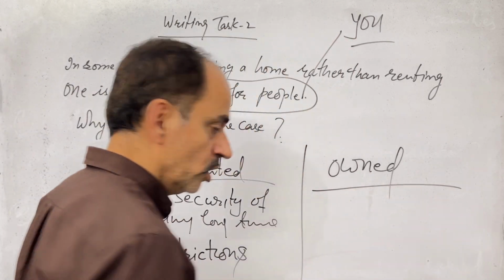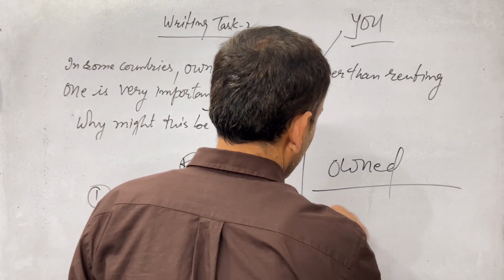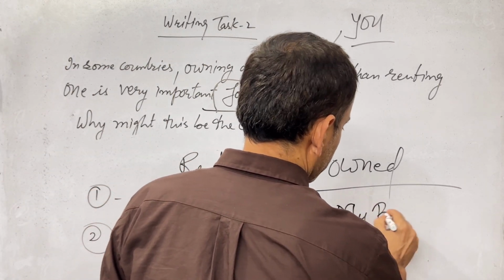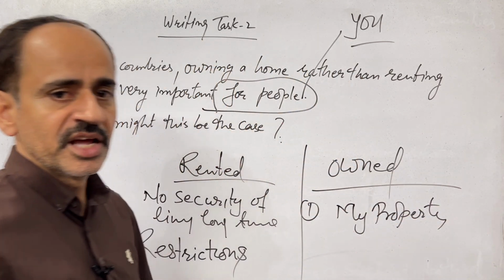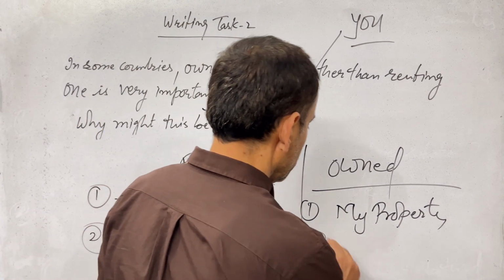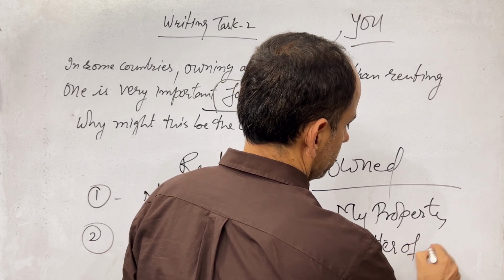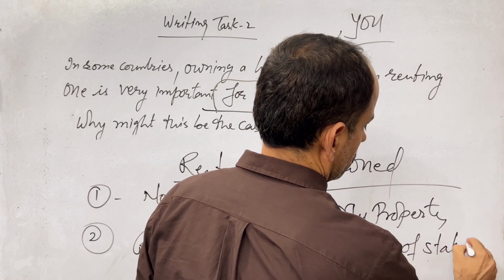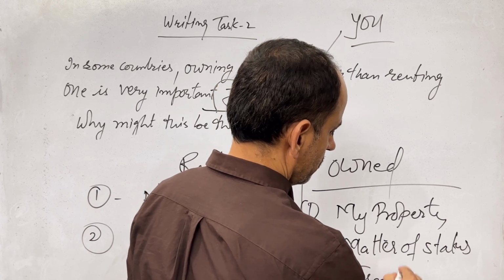And in an owned house, if my house is my own, my property. First of all, this is my property which I can sell anytime if I need money. Second thing is, it's a matter of status. Think, matter of status for you. Okay, freedom, you can do almost anything.